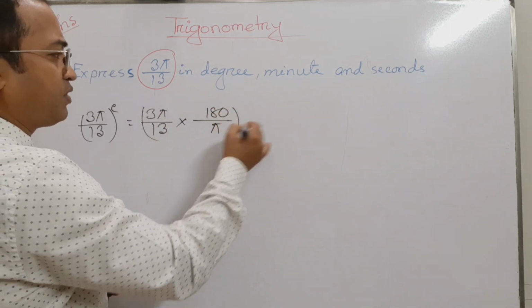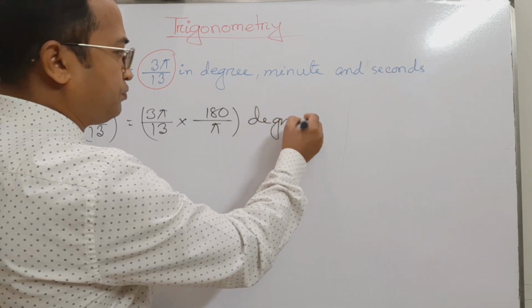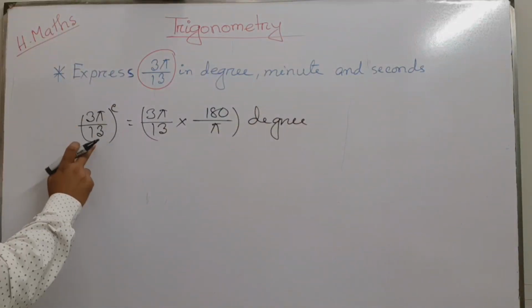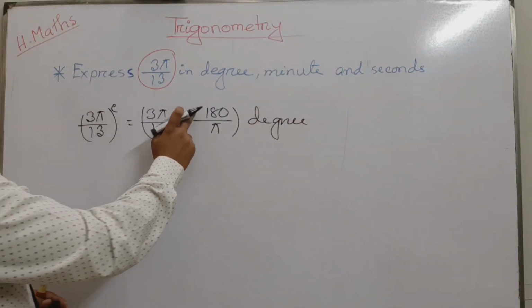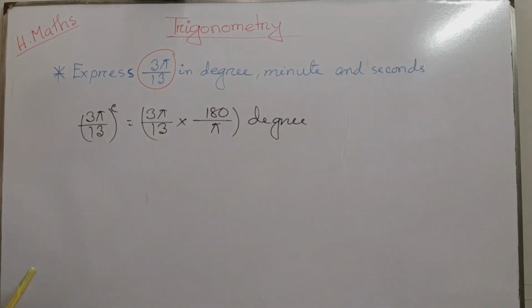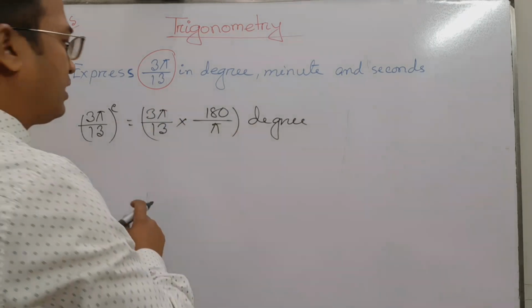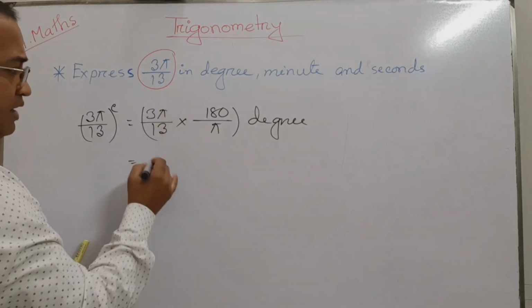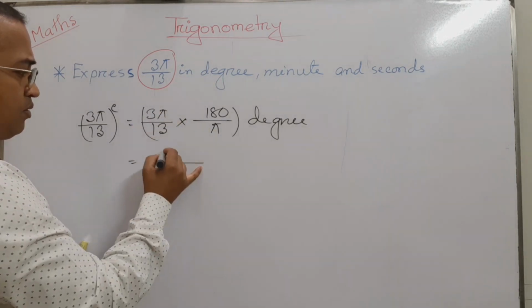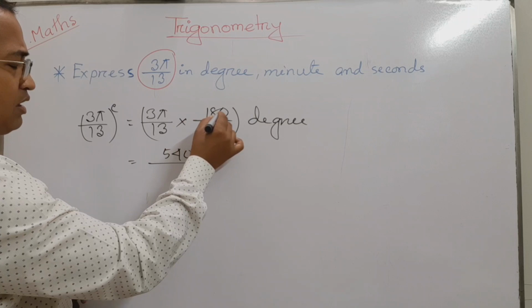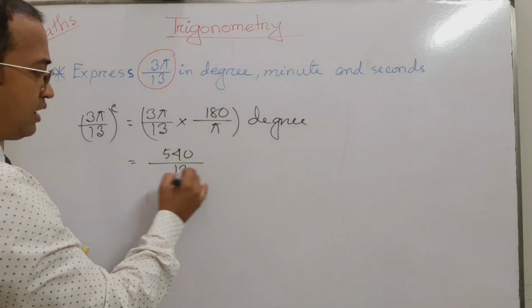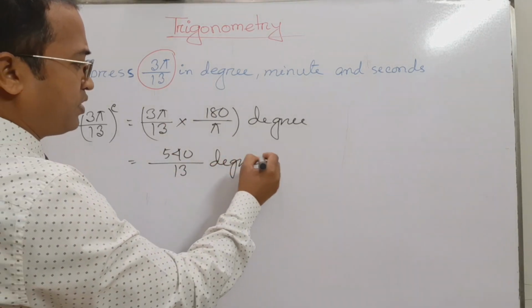So if I multiply 180 by pi with 3 pi by 13, it becomes degree. Now multiply it, pi and pi cancel. It will be 3 times 180 is 540 by 13 degree.